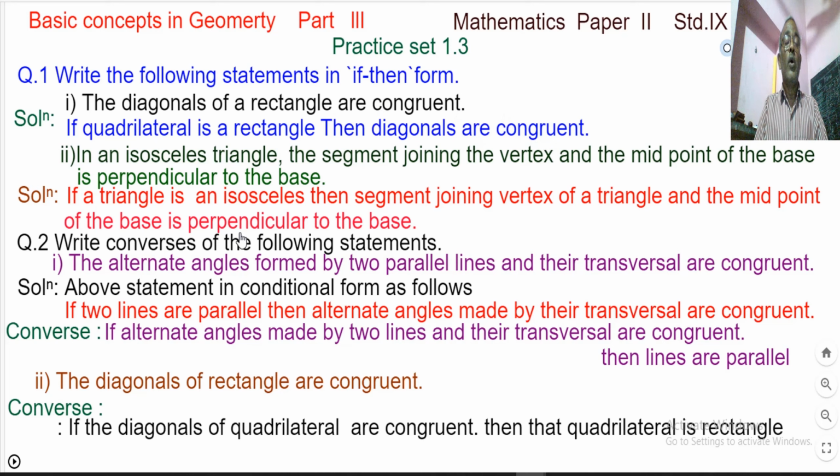So, its converse: if the diagonals of the quadrilateral are congruent, then that quadrilateral is a rectangle.